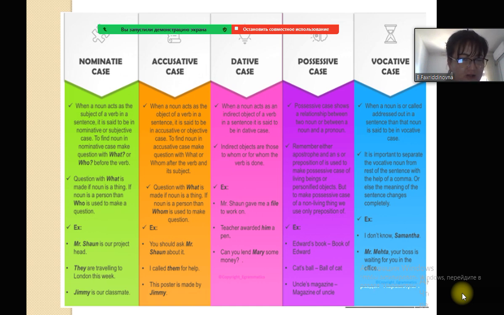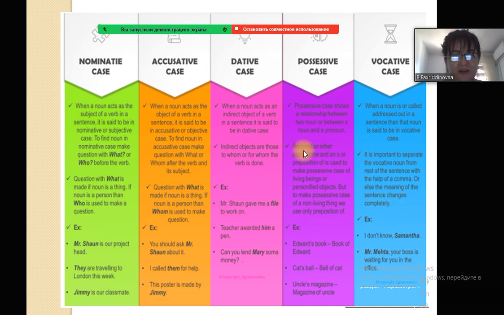For example, "I don't know, Samantha." "Mr. Mehta, your boss is waiting for you in the office." In the sentences, Samantha and Mr. Mehta are vocative case, and they are separated with a comma.